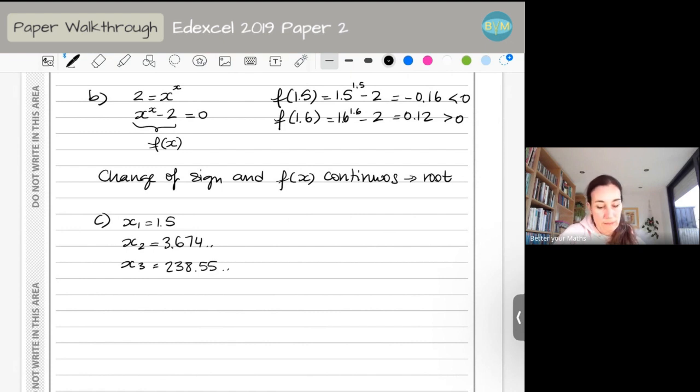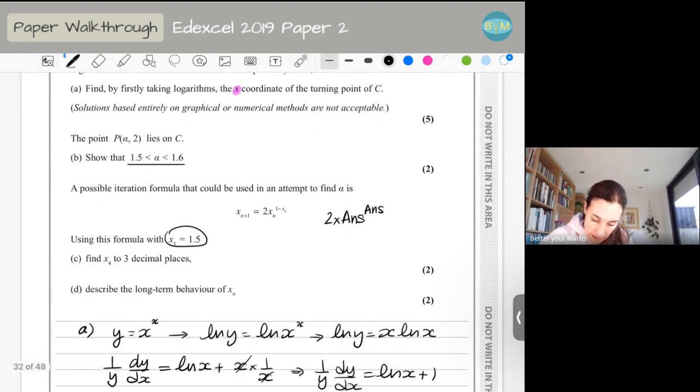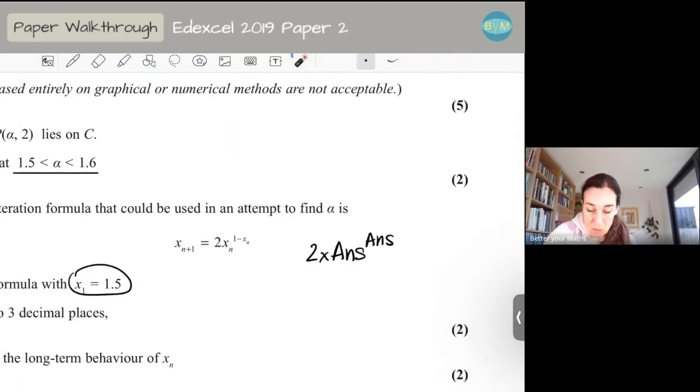Why am I getting something wrong? Sorry, of course I'm doing something wrong. Look at the formula, it is 1 minus xn. So I'm just typing the wrong formula, it is 2 times ans to the power of 1 minus ans. Yeah, sorry.